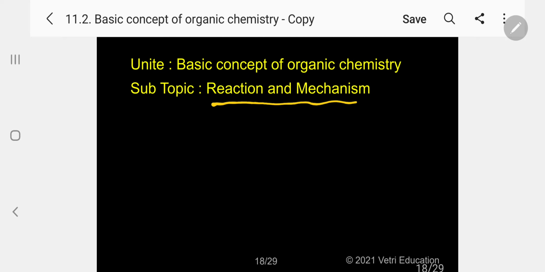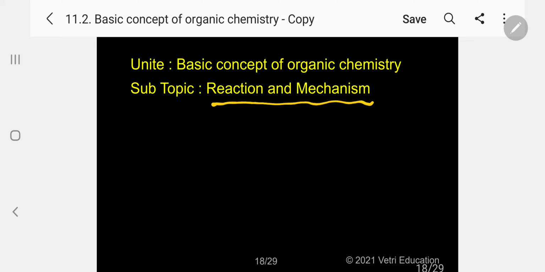Under the reaction mechanism, you must know there are different types of reactions. In organic chemistry, I can classify reactions into a number of types: reversible, irreversible, exothermic, endothermic, forward, backward, then oxidation, reduction.